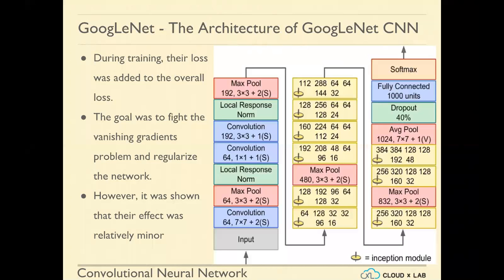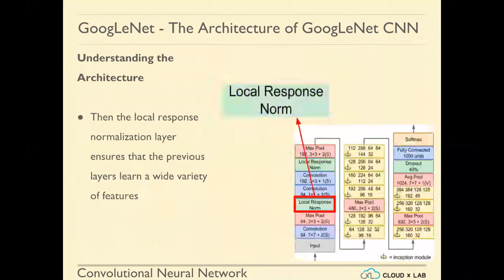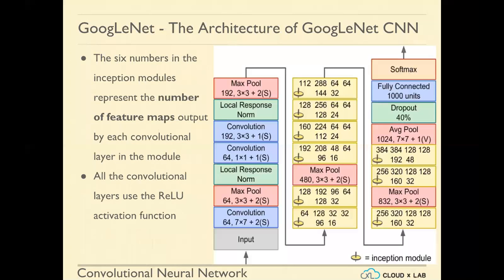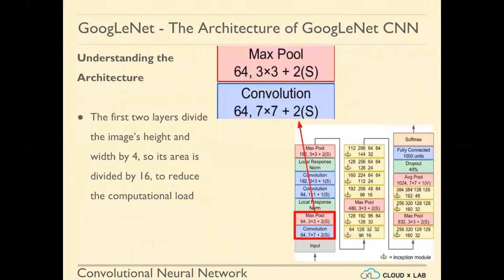However, it was shown that their effect was relatively minor. Okay, so essentially it was a huge network of many layers. That's what we learned from this diagram. So, all right, let me just go over it once more to give you a good idea.